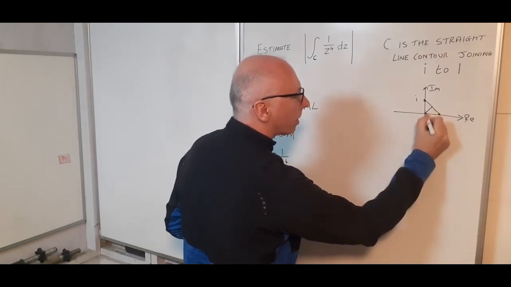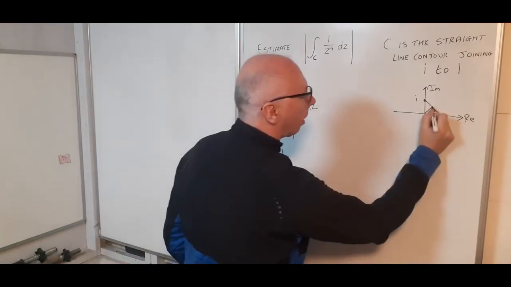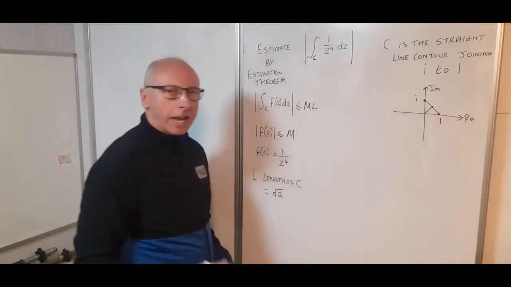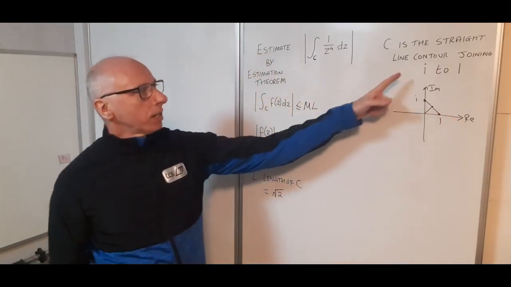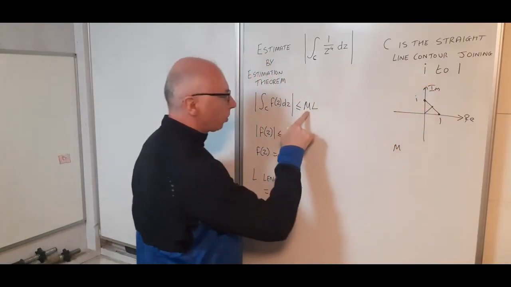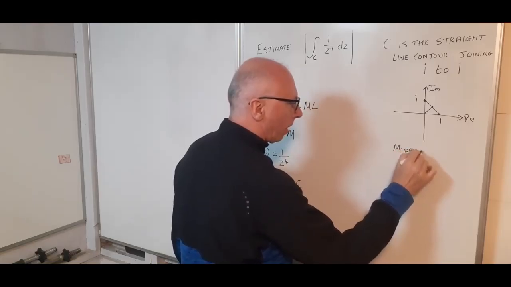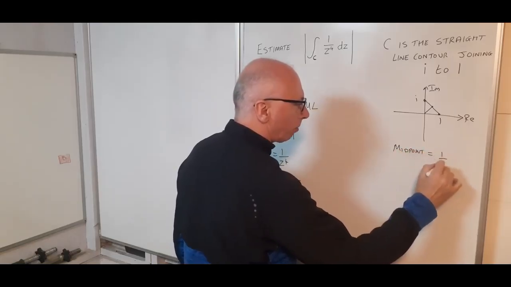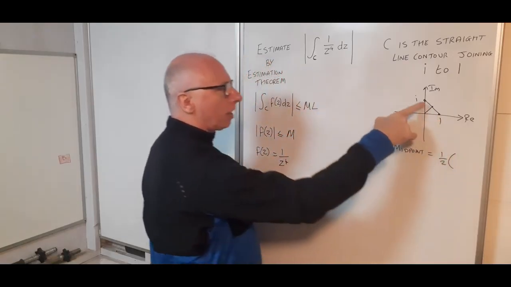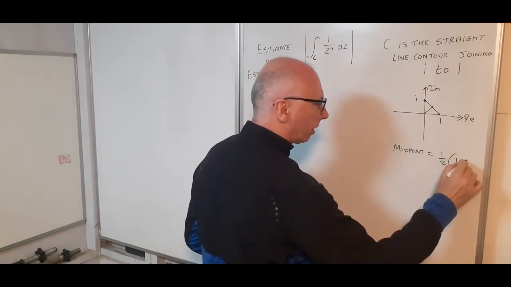So in this case, if I take the normal from there, here I've got the midpoint of the line. Now the midpoint, in this case from i to 1, not to be confused with this M, would just simply be half of our real and imaginary parts. In this case it's (1 plus i) over 2.